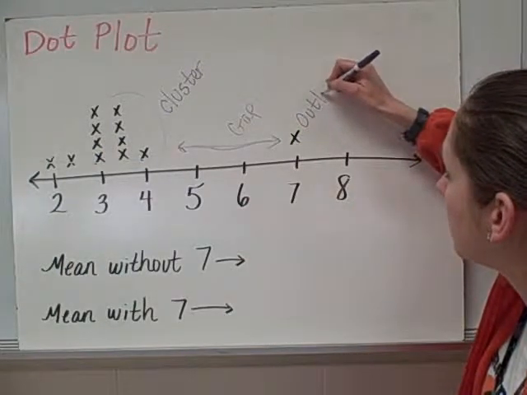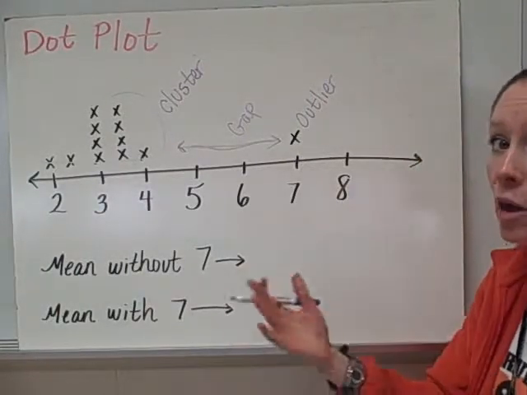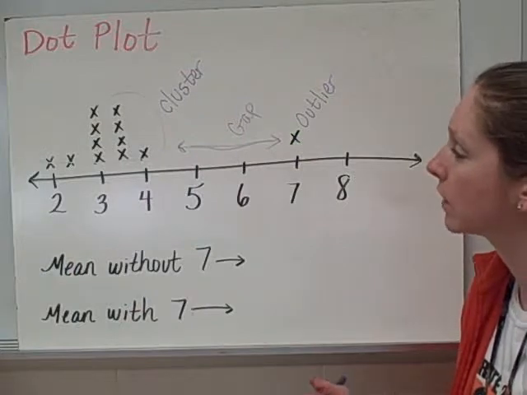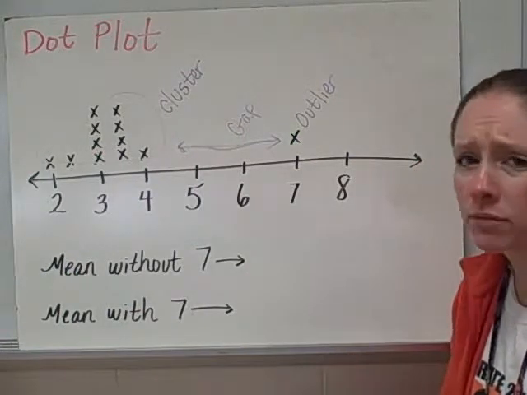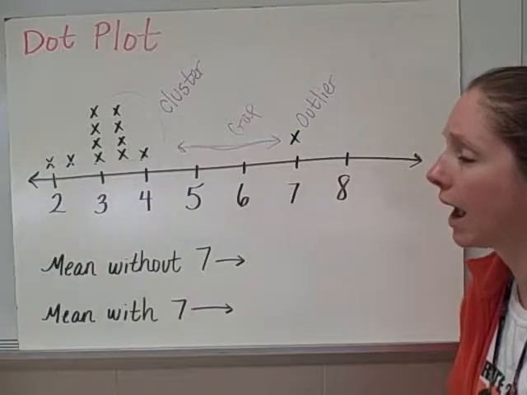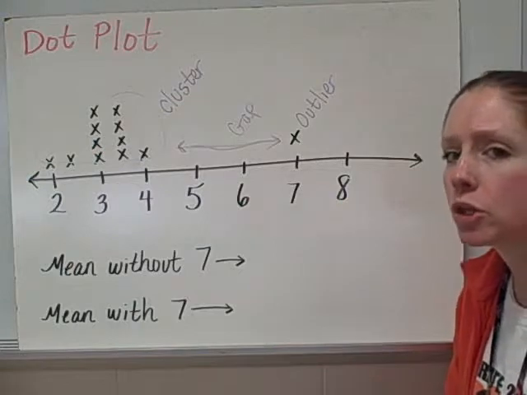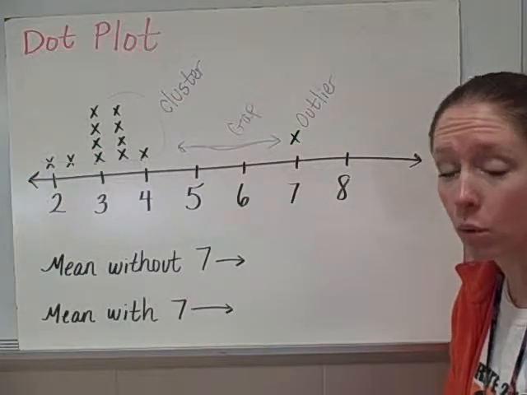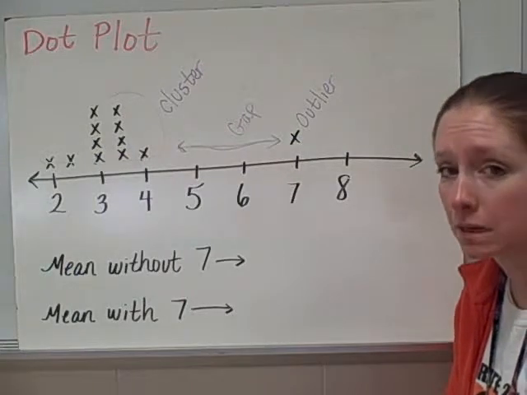That can be kind of an easy word to remember, guys, because outliers lie outside of the rest of the data. Now, there's something that happens with outliers, and oftentimes they ask you questions about how outliers will affect the mean. Sometimes outliers do not affect the median or the mode, but outliers always affect our mean.